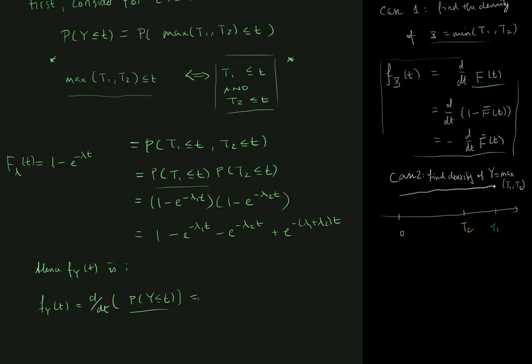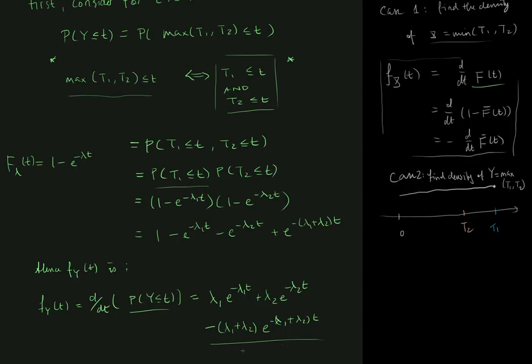And this is equal to, well, the 1 just disappears, right? And then I differentiate, so I get lambda 1 e to the minus lambda 1 t. The next term gives me plus lambda 2 e to the minus lambda 2 t. And then the last term gives me minus (lambda 1 plus lambda 2) e to the minus (lambda 1 plus lambda 2) t.